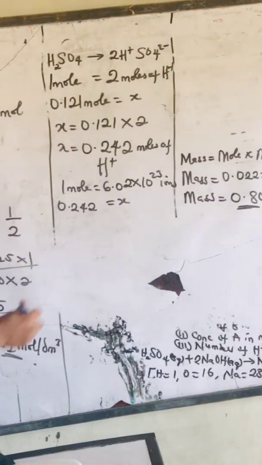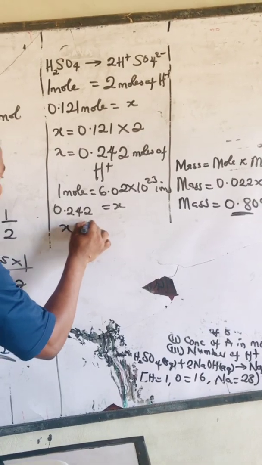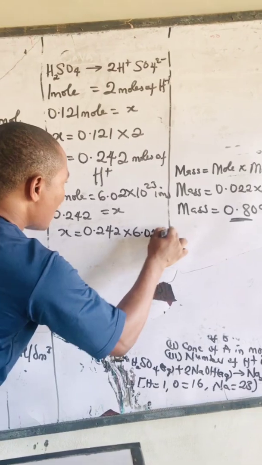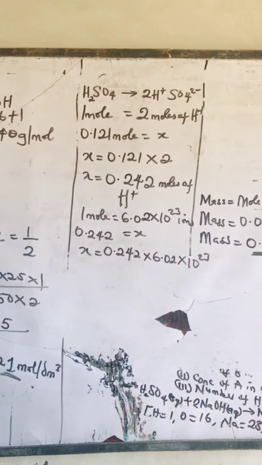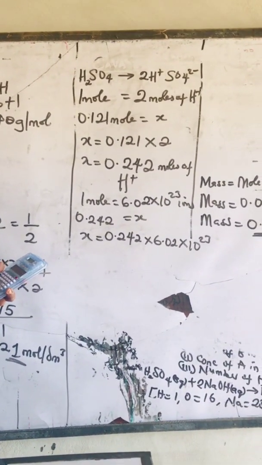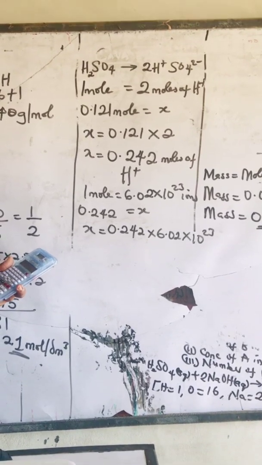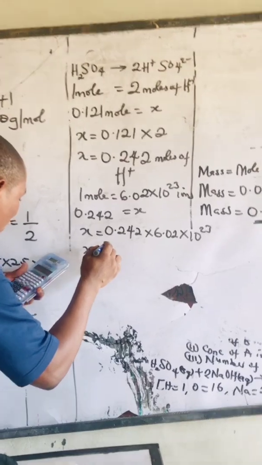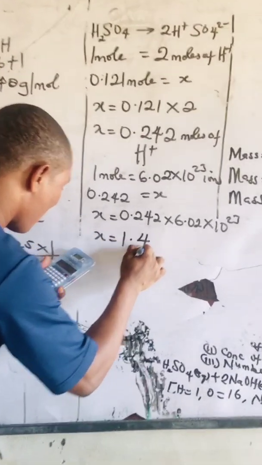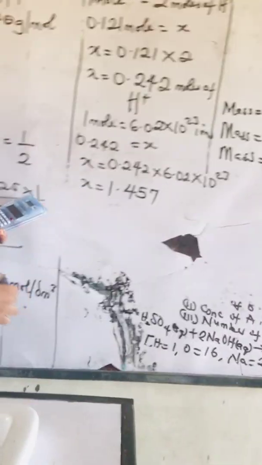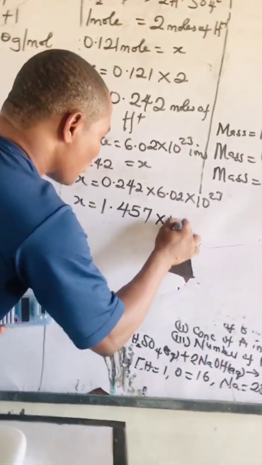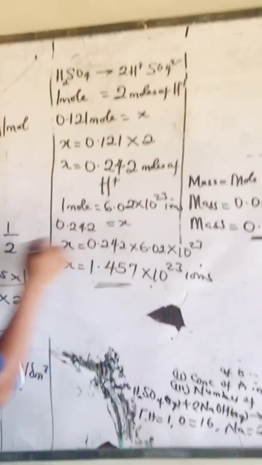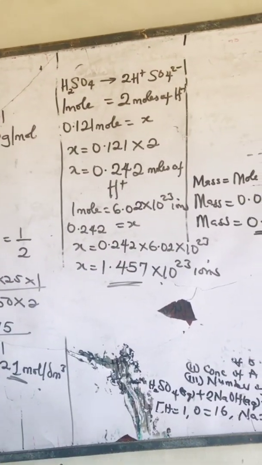You don't need to panic. So X equals 0.242 times 6.02 times 10 raised to the power 23, which is 1.457 approximately times 10 raised to the power 23, and that is the answer to those questions.